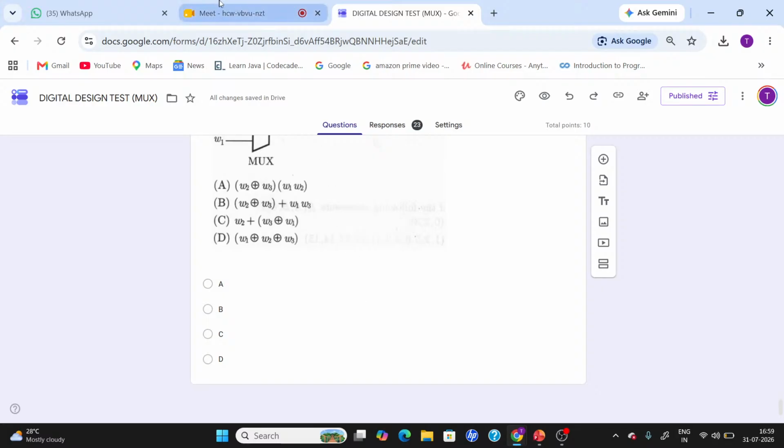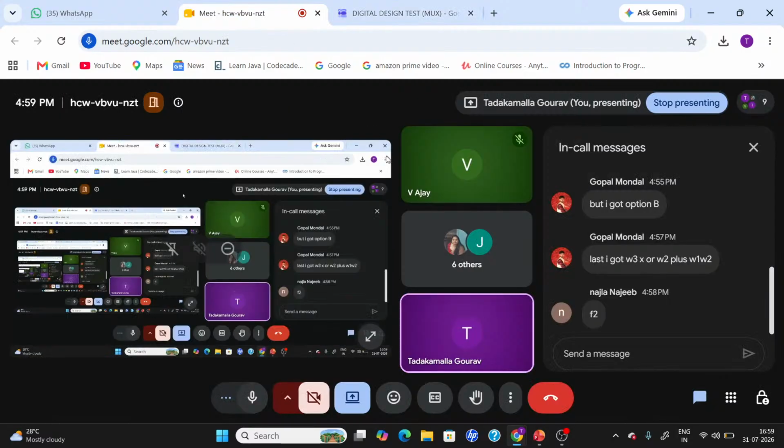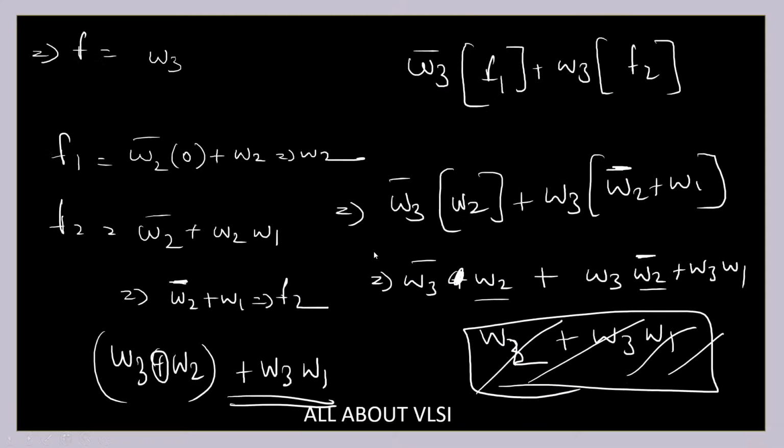Apart from this, any doubts or any queries you're having? You need me to check for F2? I've checked it and cross verified it. It's W2 bar plus W2 W1, which is nothing but W2 bar plus W1. That is what I have written.